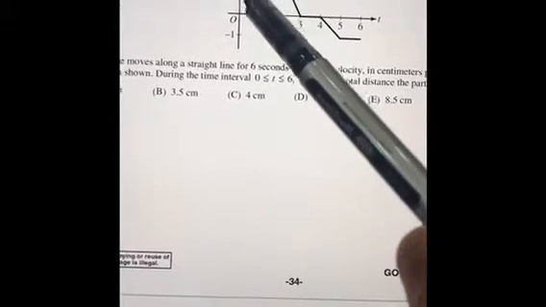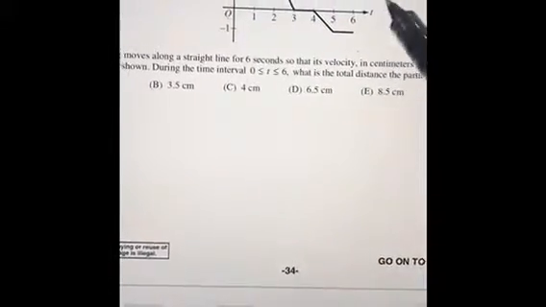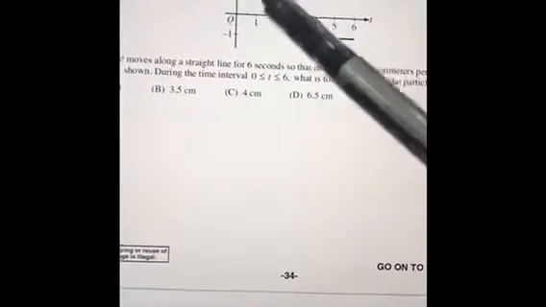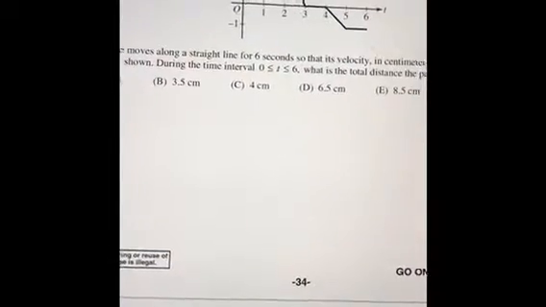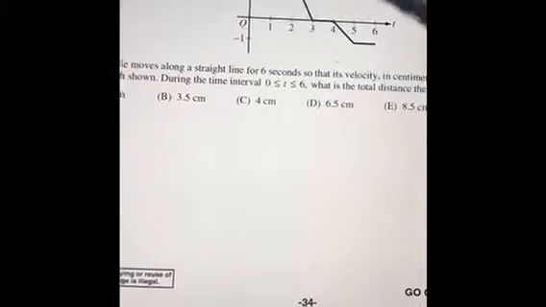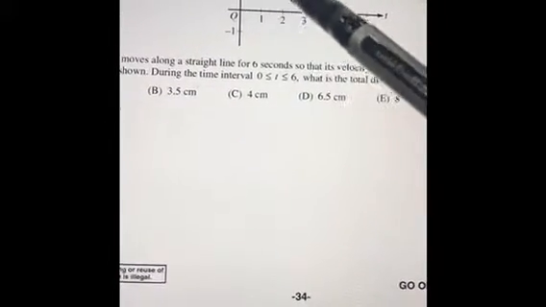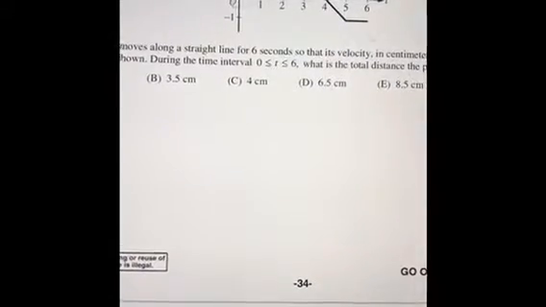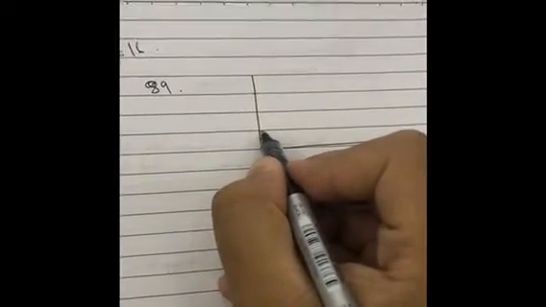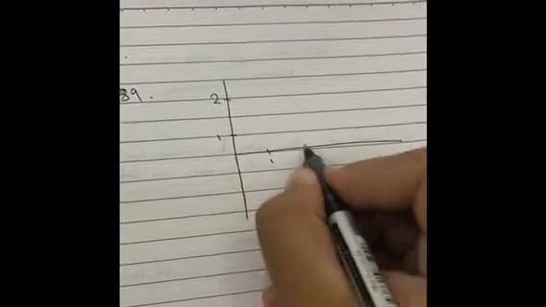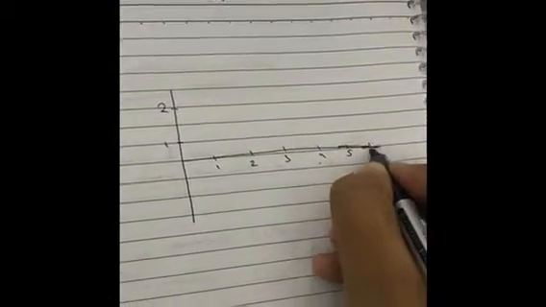Here we have the graph from 0 to 6, and first of all we know that if we want the distance, we find the area under the graph. Let us draw it here. Here you can see 1, and here is 2, and here 1, 2, 3, 4, 5, and here it is 6.